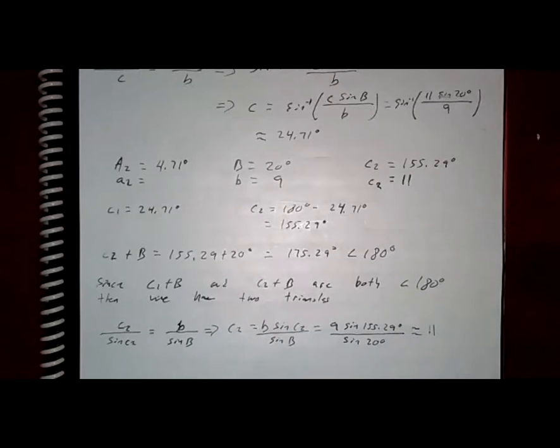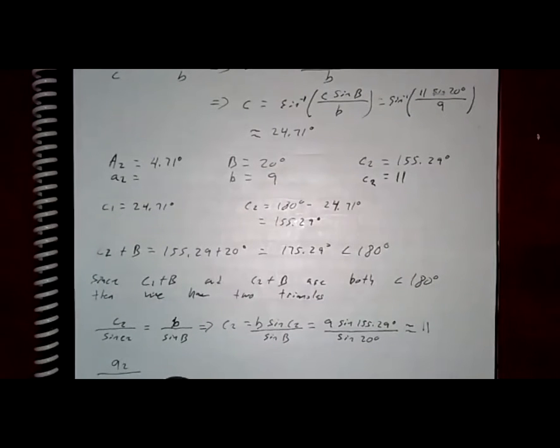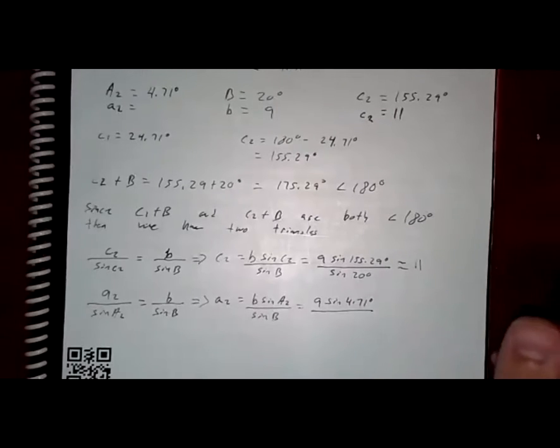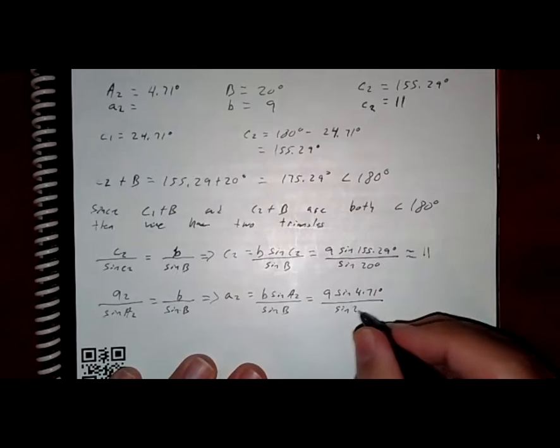Okay, so now let's find A2. So equate A2 to the same B thing. So that will be 9 sine of 4.71 over sine of 20.